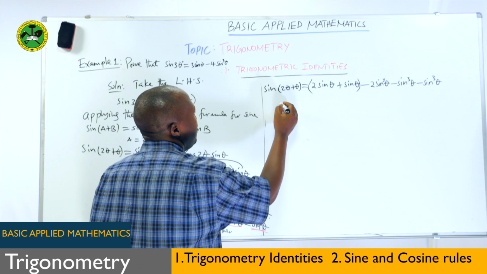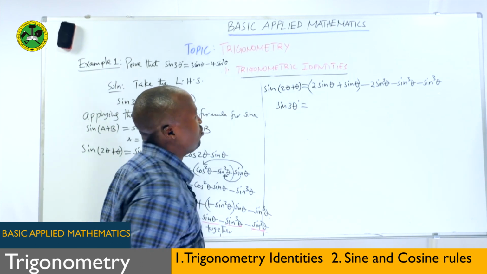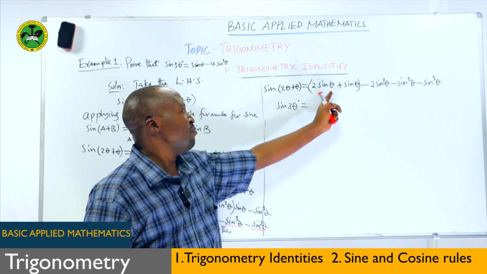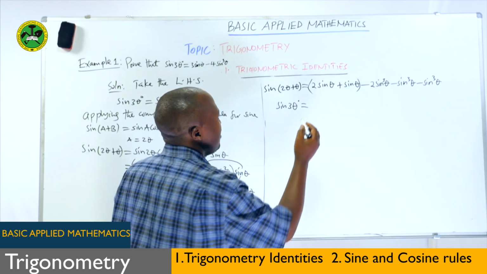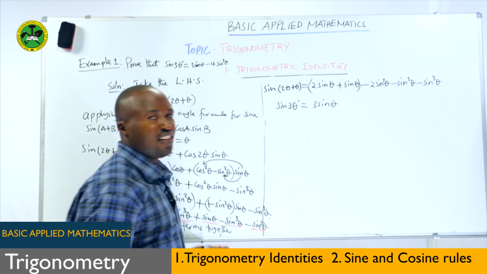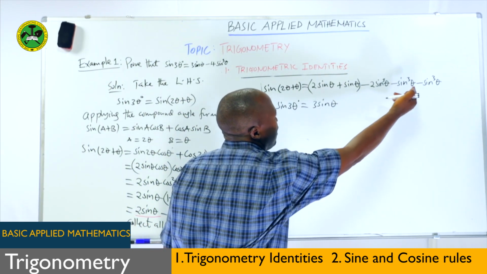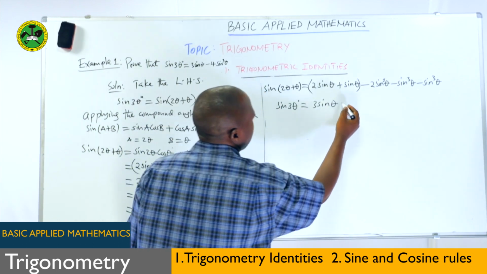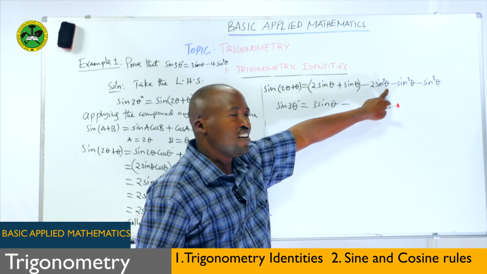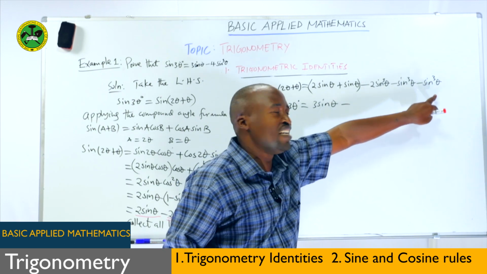Now, 2 theta plus theta, that is sin 3 theta. So here we have sin 3 theta, which is equal to, now, 2 sin theta plus sin theta, that is 3 sin theta. Then here we have negative 2, negative 1, negative 1. So we add, that is minus 2 sin cubic theta minus sin cubic theta minus sin cubic theta.